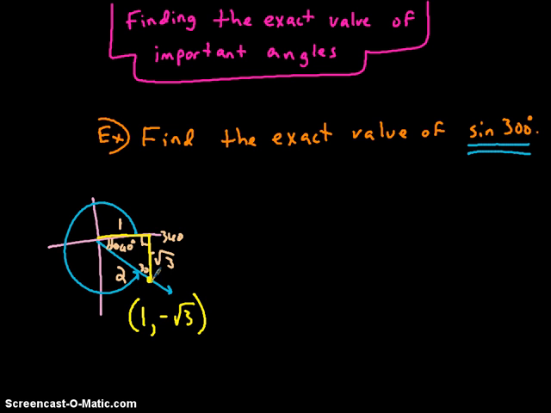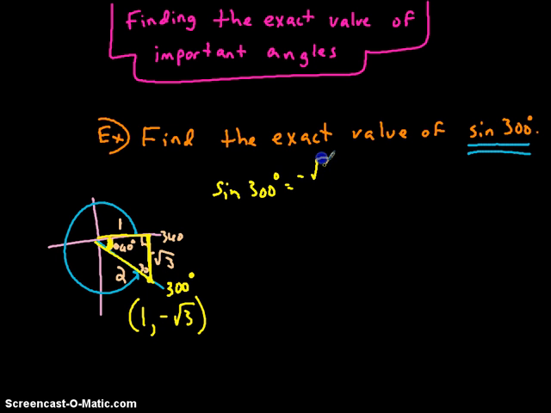If you want to find sine of 300 degrees, this whole angle is 300 degrees, but you really refer back to this reference angle. That's why we call it a reference angle, because we always refer back to it when we create this triangle. If I want to find sine at this angle, we already know it's going to be opposite over hypotenuse. So sine 300 degrees has to be negative square root of 3 over 2.